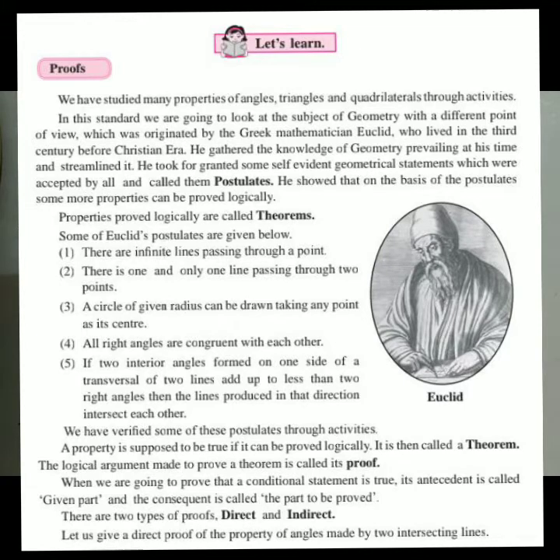He gathered the knowledge of geometry prevailing at his time and streamlined it. He took for granted some self-evident geometrical statements which were accepted by all and called them postulates. He showed that on the basis of postulates, some more properties can be proved logically. The properties proved logically are called theorems.